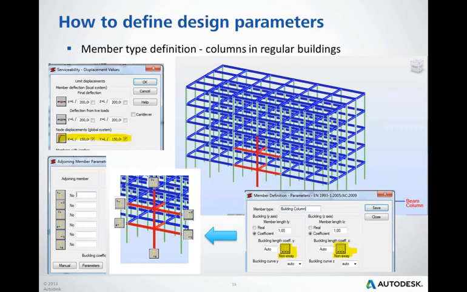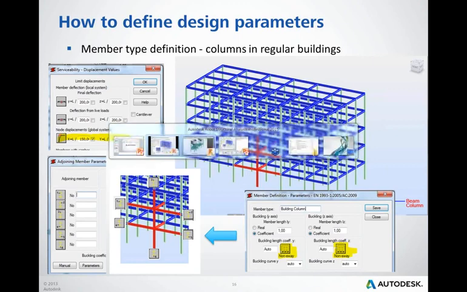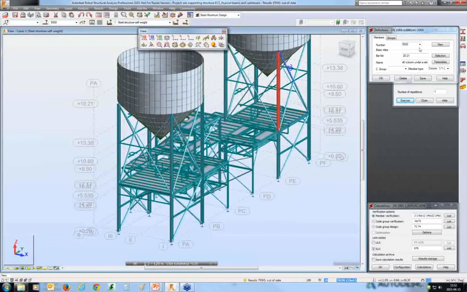So next question: how to find the bar and the group to which such a bar belongs if you have a large number of groups created? If you look at the element in this dialog, if this element is defined in a group, you can see the number of the group in this field, and also you can see that in the table.